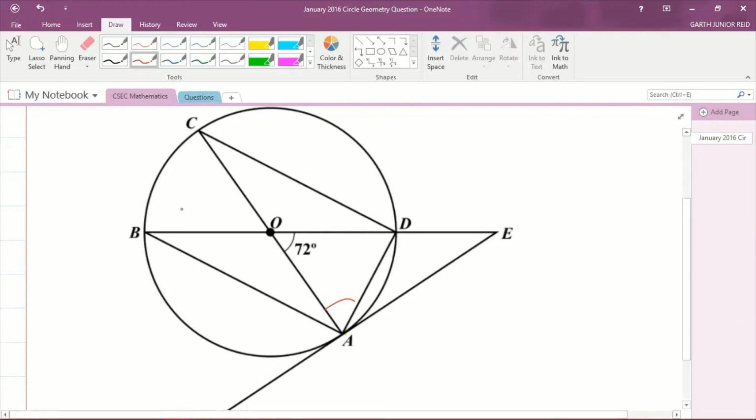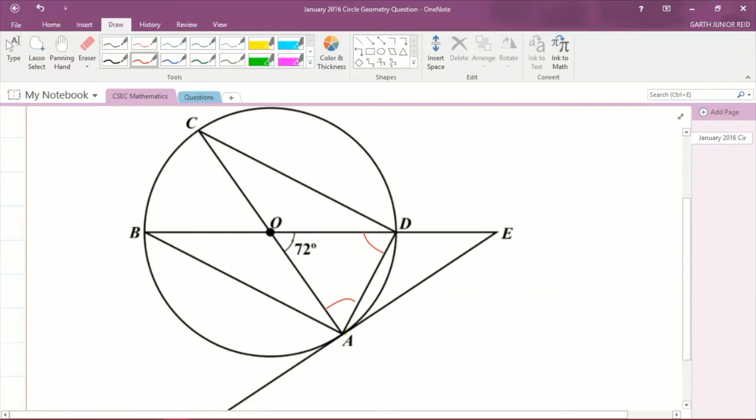Well, I recognized that this angle and this angle are going to be the same. Why is that? Well, let's just look at it carefully. Remember now that COA is a diameter, the diameter of the circle.